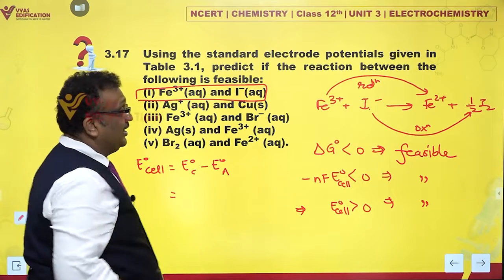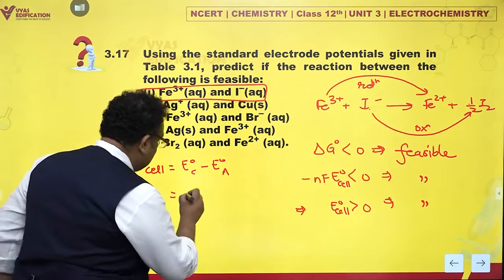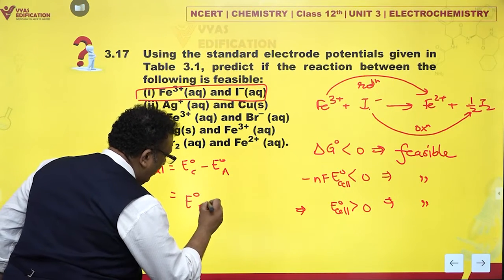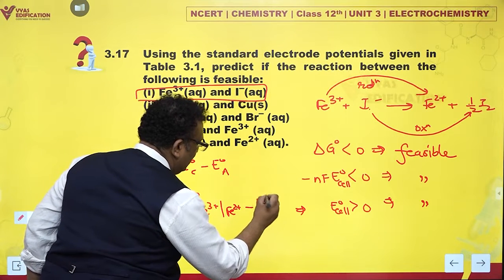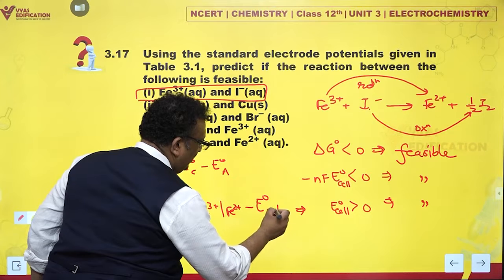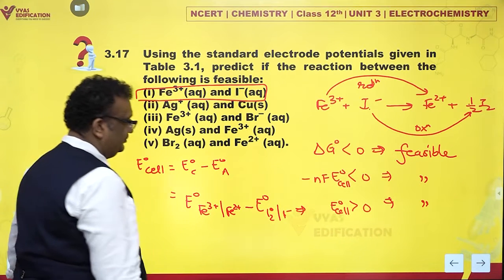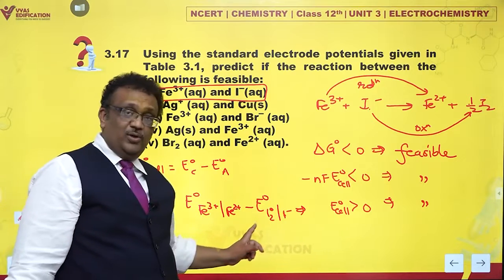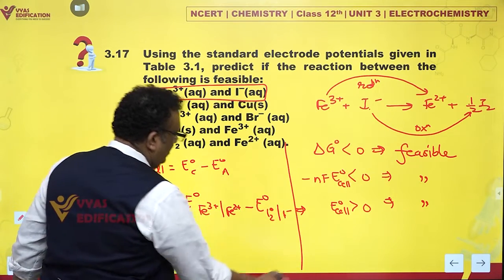And in this case, cathode is the one which undergoes reduction and that is ferric. So this is E naught of ferric to ferrous minus E naught of I2 to I minus, because this is undergoing oxidation and we are supposed to quote the SRP value of that.